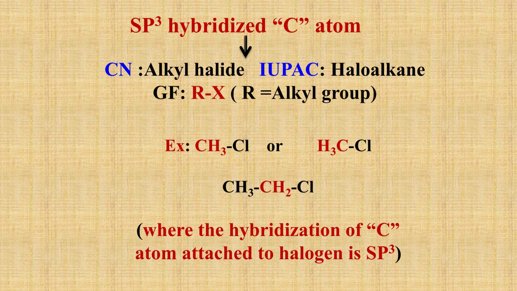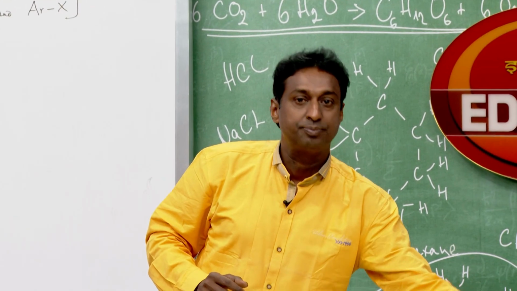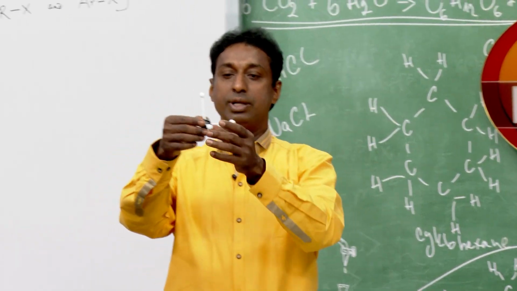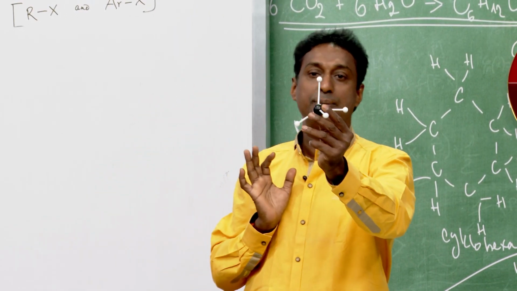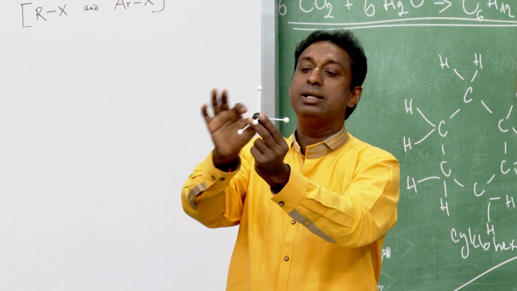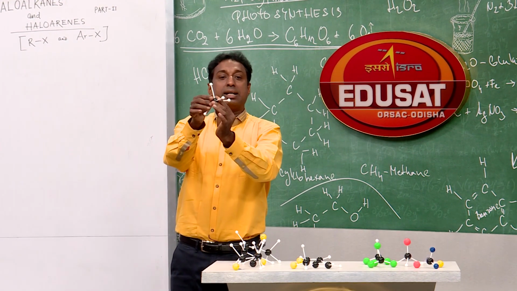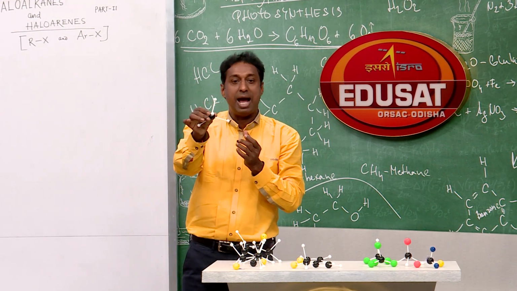I can show you a model of how to know it is sp3 hybridized. Look at this structure. This carbon is sp3 hybridized. It is a methane compound, all the bonds are single bonds and hydrogen. All single bonds means the carbon is sp3 hybridized.